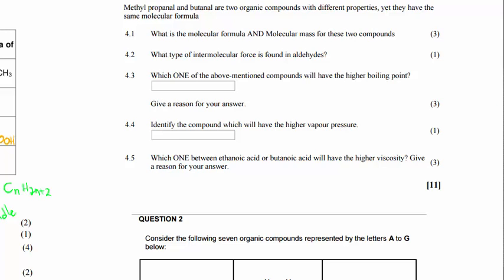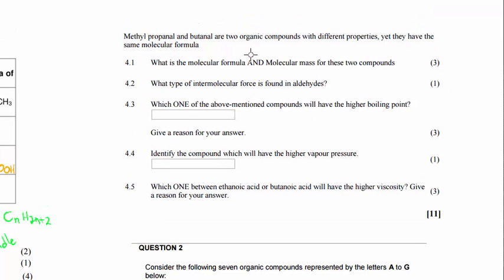The next exam question was methylpropanol and butanol are 2 organic compounds with different properties, yet they have the same molecular formula. So, methylpropanol, propanol means it's carbon double bonded to oxygen, single bonded to hydrogen. That's what makes it an aldehyde.